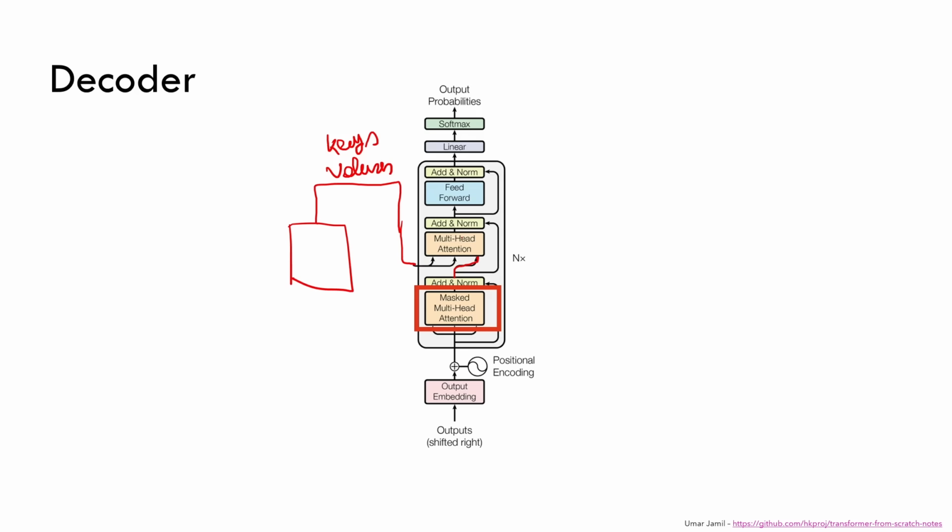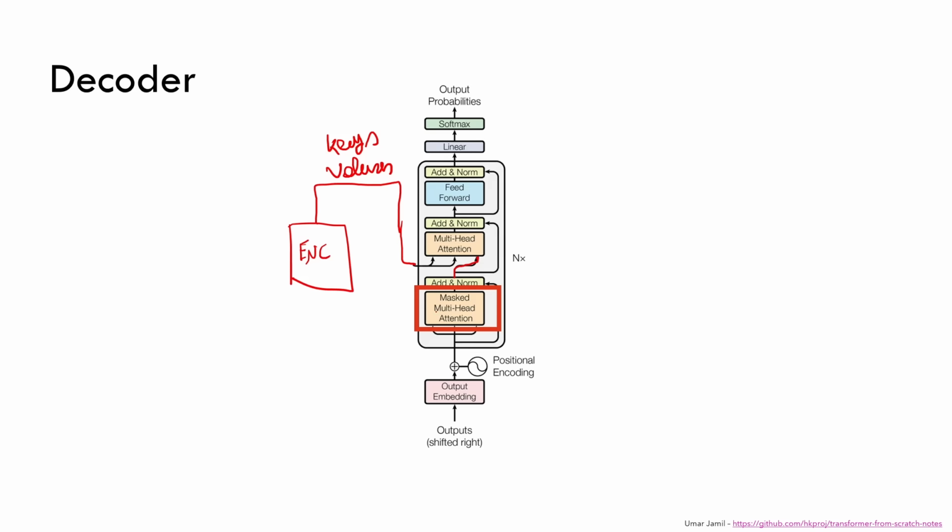So in this multi-head attention, it's not a self-attention anymore, it's a cross-attention, because we are taking two sentences. One is sent from the encoder side, in which we provide the output of the encoder and we use it as keys and values, while the output of the masked multi-head attention is used as the query in this multi-head attention.